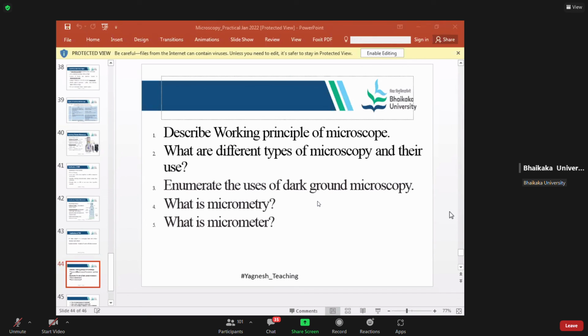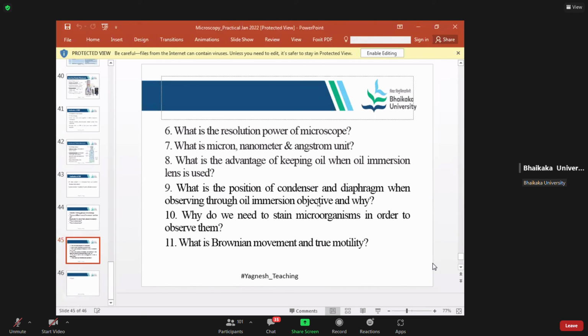But I'm reading the questions. Describe the working principle of the microscope. What are the different types of microscopy and their uses? We have already discussed the uses of the microscope in the microbiology laboratory in detail. Enumerate the uses of the dark ground microscope, that is already done. What is micrometry? This is a first MBBS question, but still you have to write what is micrometry. What is the resolution power of a microscope?